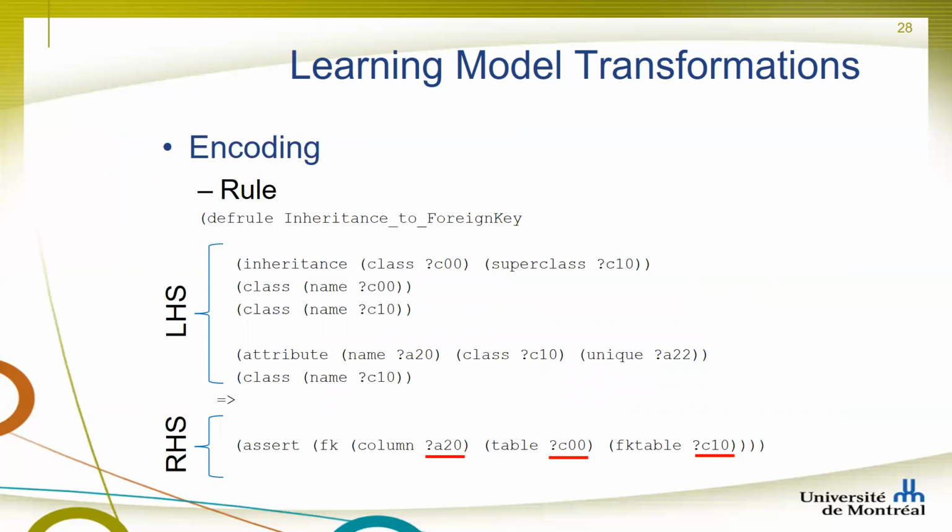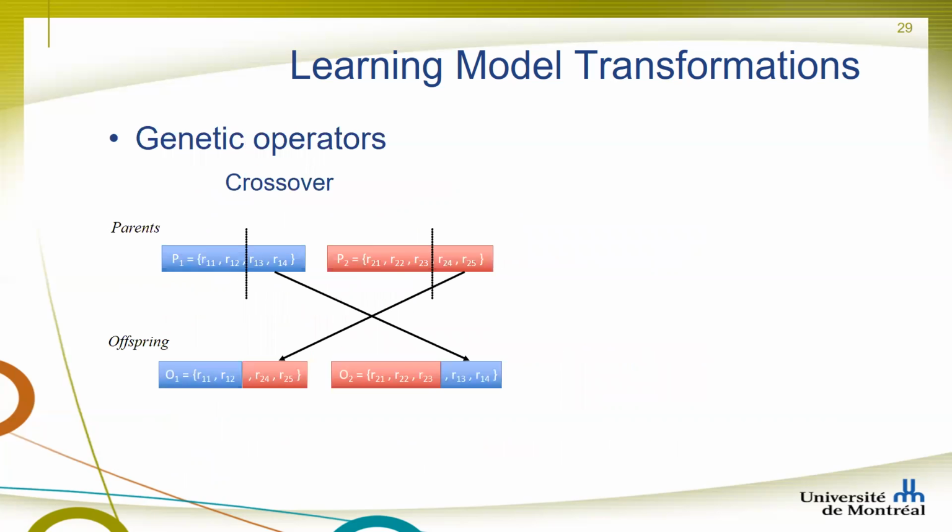This is a DSL, but it could be any rule-based language. For example, if we have a superclass, a class that inherits from another class, and we have the names of this class and an attribute of one of the classes, this attribute becomes a column. This is the kind of rules that we have.